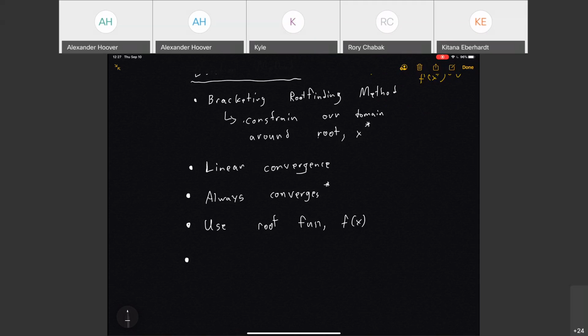We can also say that we have a few requirements to use this method. First is that f is continuous, and that the interval AB must have one root.